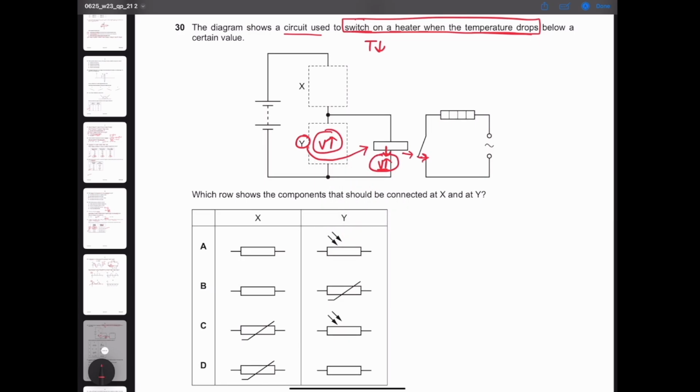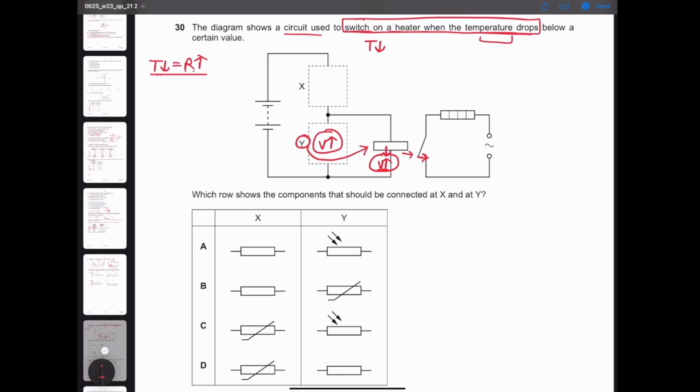Now let's look at this point. When temperature drops, resistance increases. These thermistors and LDRs are made up of semiconductors, and this relation applies there: when temperature increases, resistance decreases. When temperature decreases, resistance increases. In the question, they have given us temperature decreases. So if temperature is decreasing, resistance must increase. Alright.